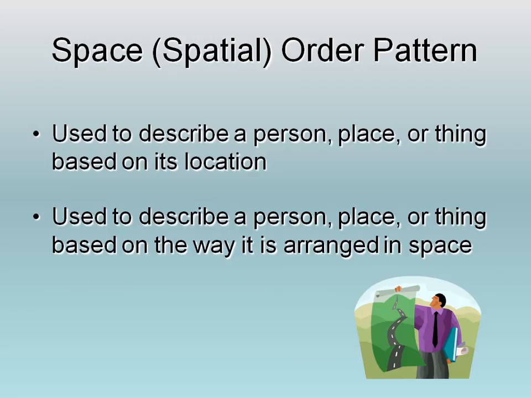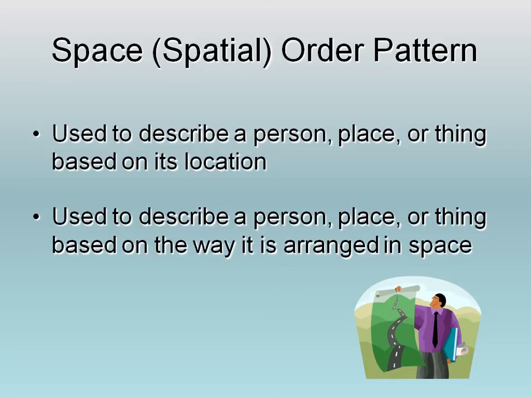Thought pattern number 2, the space or spatial order pattern. The space order pattern allows authors to describe a person, place, or thing based on its location or the way it is arranged in space. In the space order pattern, the writer often uses descriptive details to help readers create vivid mental pictures of what the author is describing.